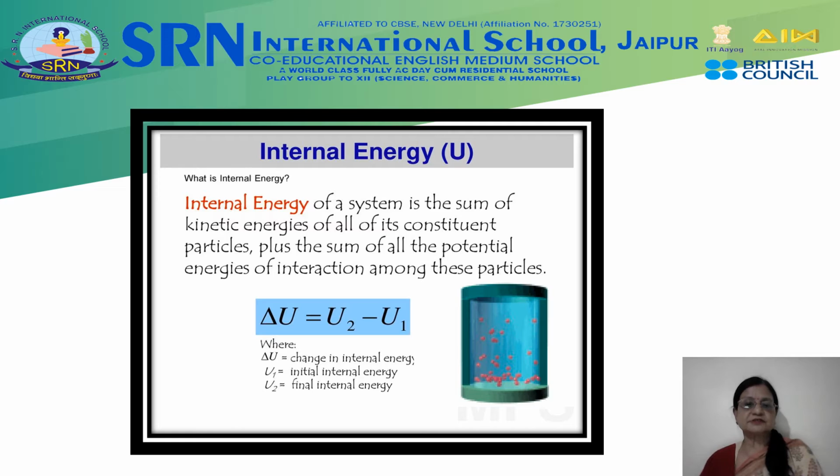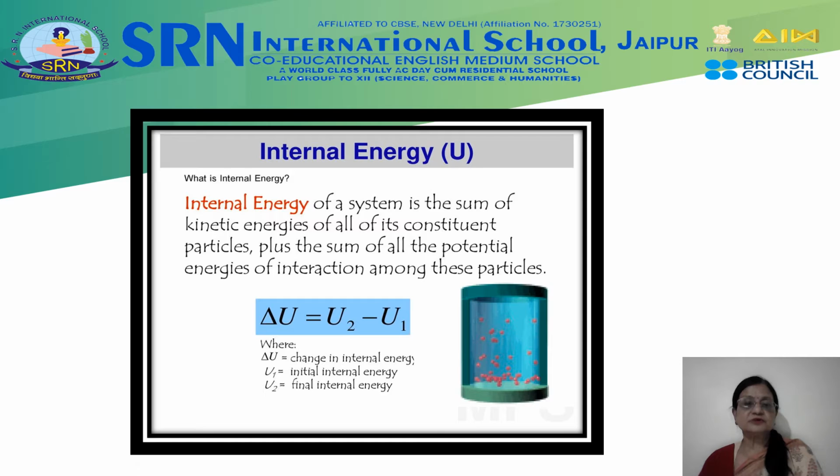Like, for example, as shown in the figure, there is a cylinder containing gas. The internal energy of this system, which is under study, will be the sum of the kinetic energies of all the constituent particles of the gas, and also the sum of all the potential energies of interaction among these particles.